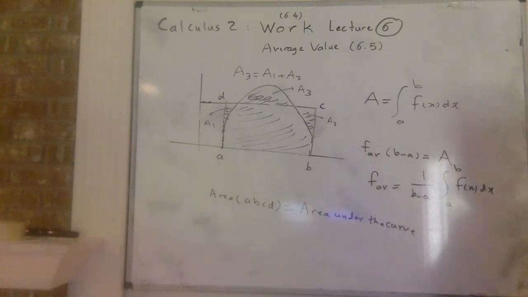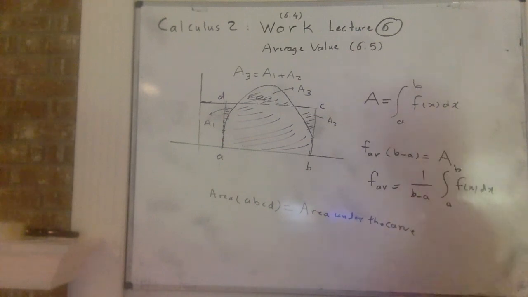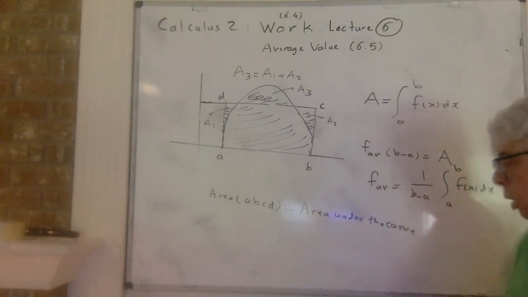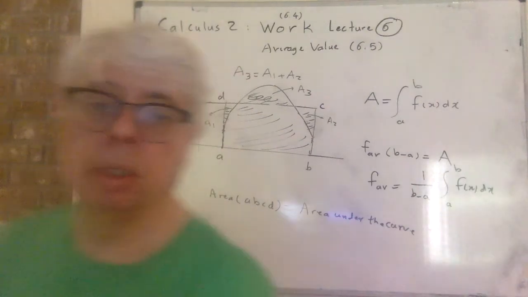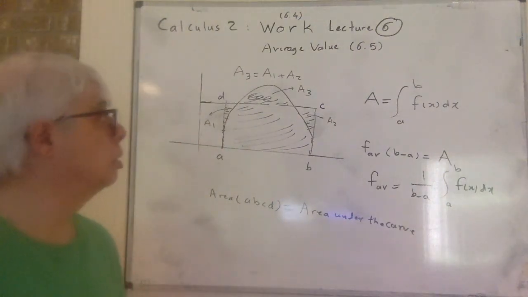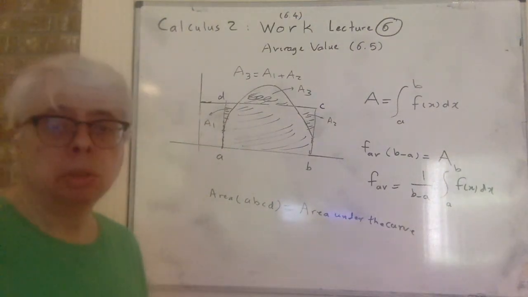Okay. So that's simply the average value of a function. It's just finding an integral and dividing by b minus a. Okay. So that was chapter 6, in fact, and I will do problems during the sessions. And we have another session on Thursday, so see you then.